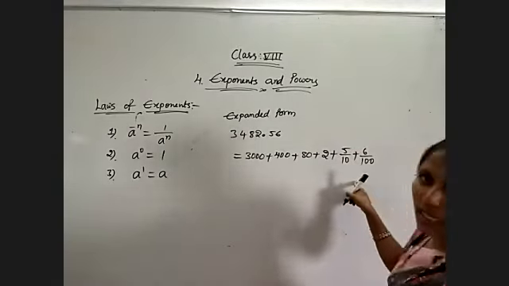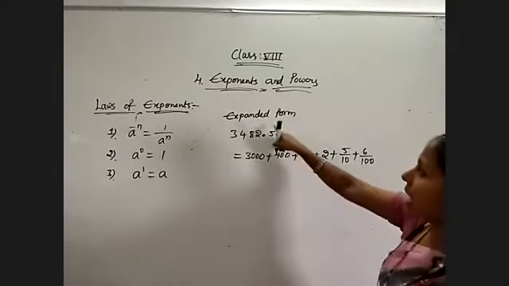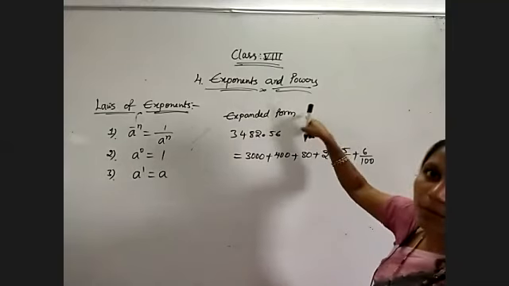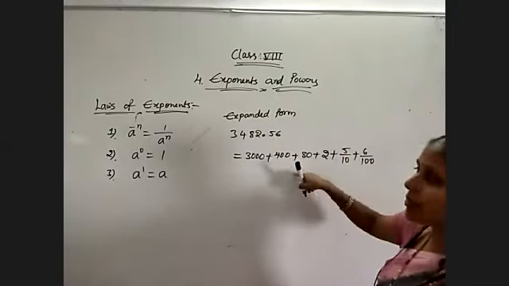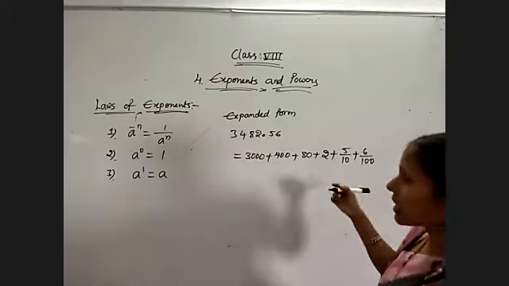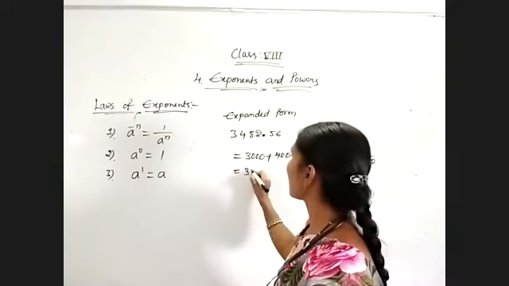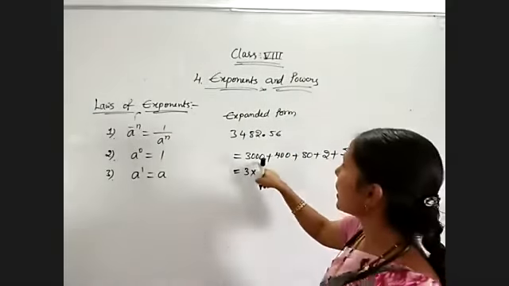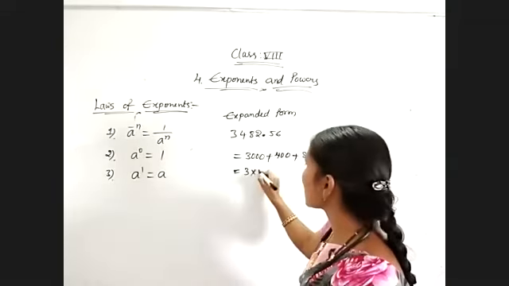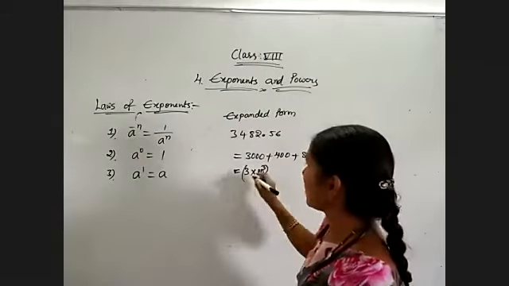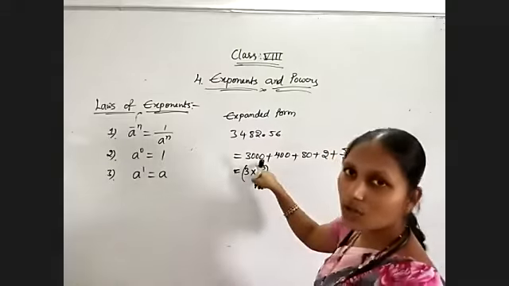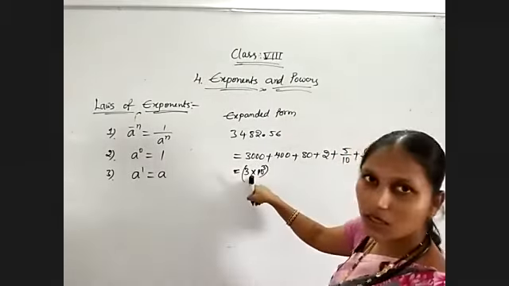This is originally what we are using, but they are asking to express the expanded form using exponents. So for this case, we need to take their exponential form. 3000 we can write as 3 into 10 to the power of 3. 10 cube is nothing but 1000. 3 into 1000 is nothing but 3000.